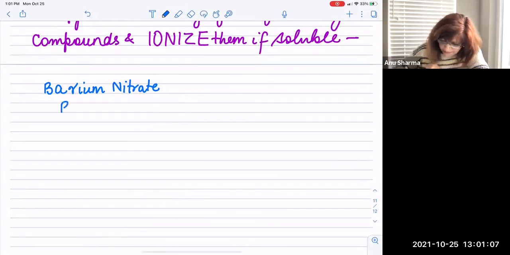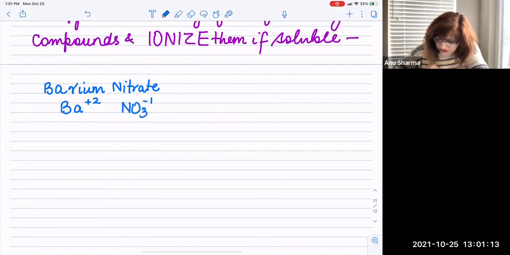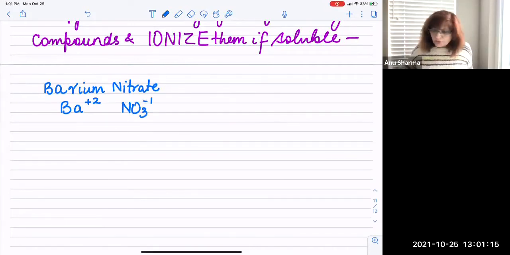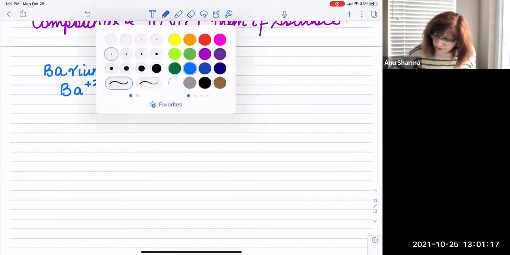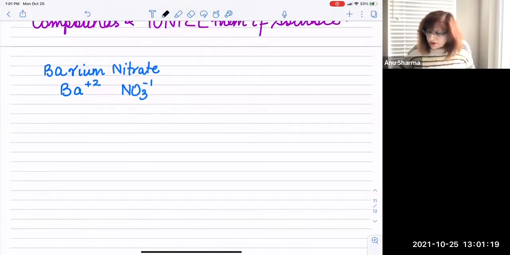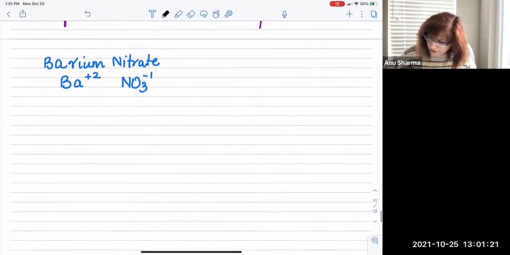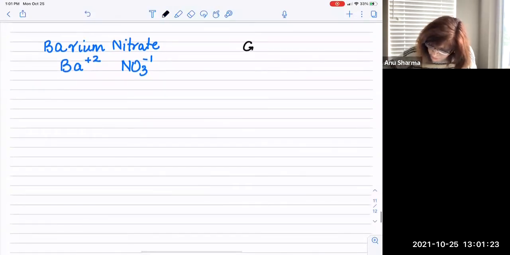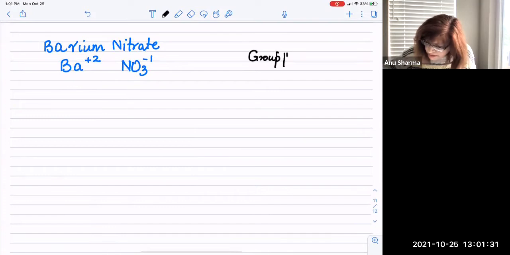So barium has a +2 charge, and nitrate has a -1 charge. Now, how do you know? So first, let's just put a thing here, which I hope you remember: group number, and then the charges.